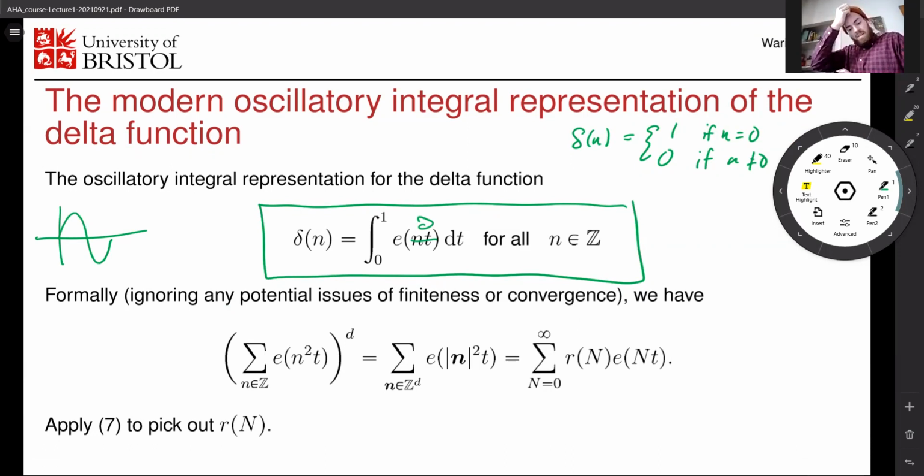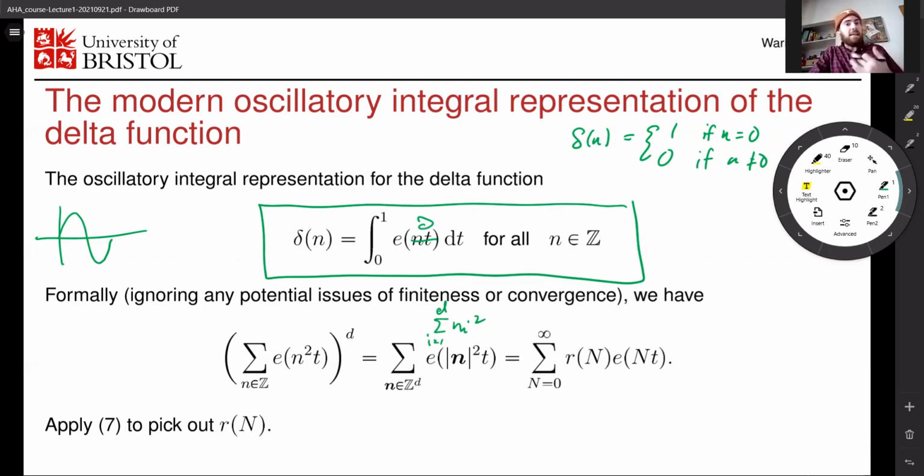Well, we're going to take our exponential sum, and just formally working for the moment, let me write this as the infinite sum of e to the 2 pi i n squared t, or minus 2 pi i n squared t, and I look at that to the dth power. What that does is this product turns into a sum inside the exponentials, the sum of n i squared.